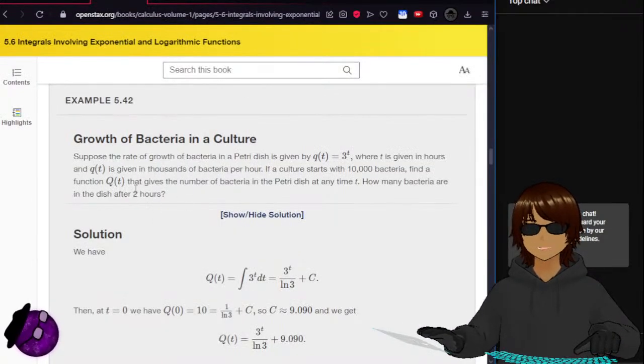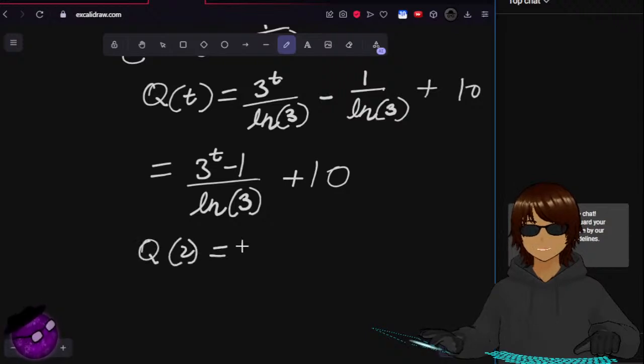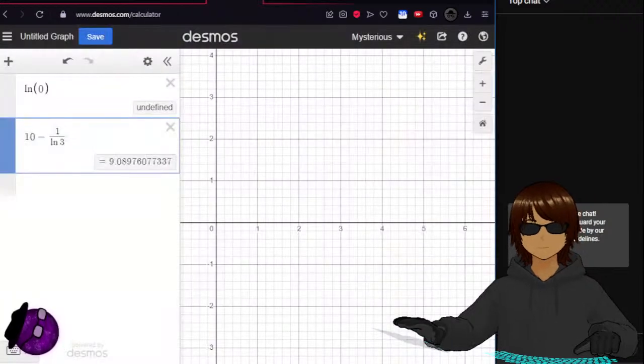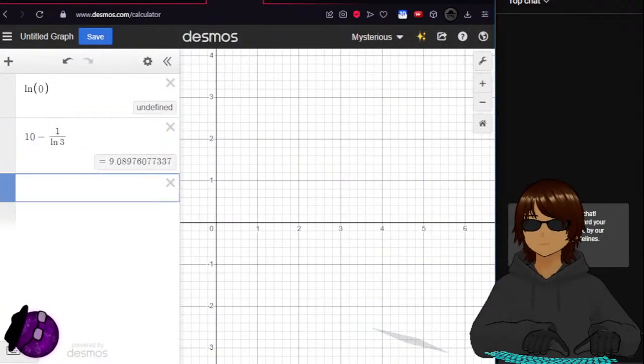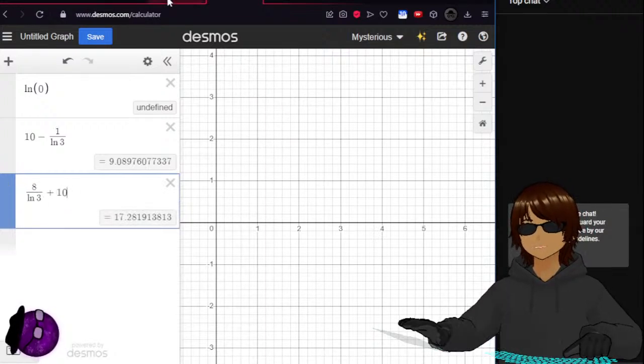So what am I supposed to find? How many bacteria in the dish after 2 hours? 3 times 3 is 9 minus 1, 8 over ln of 3 plus 10. That gives 17.28.